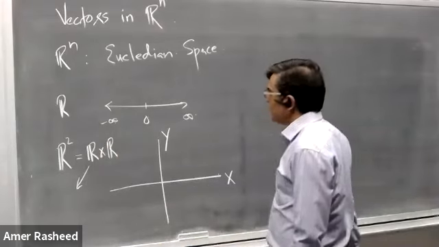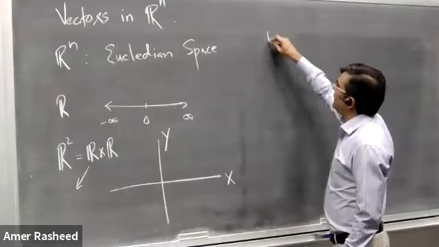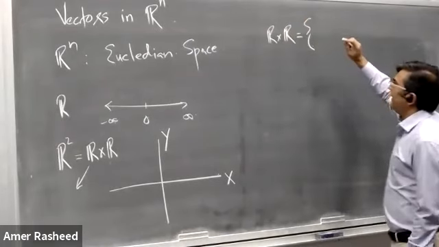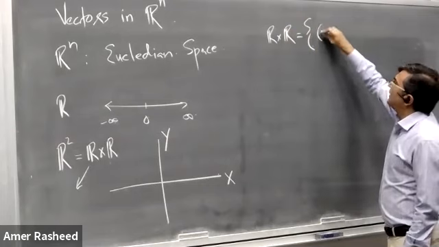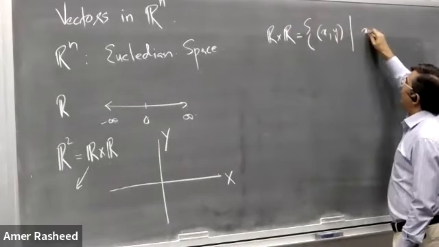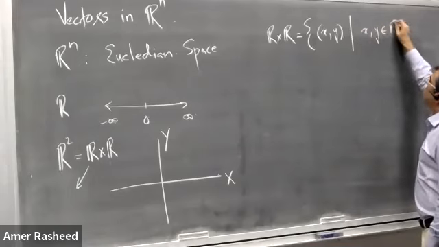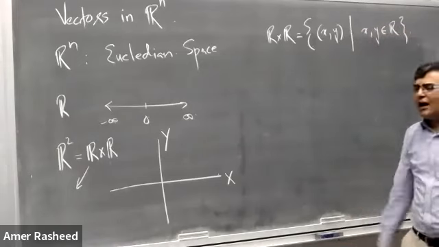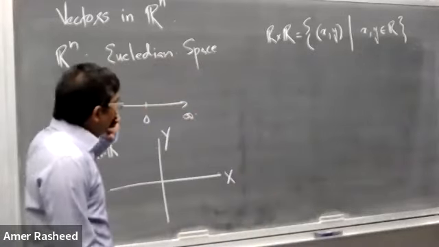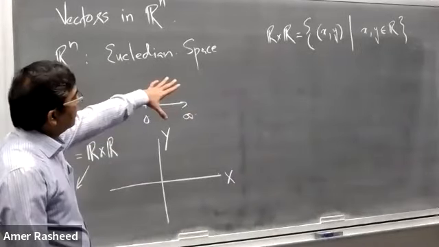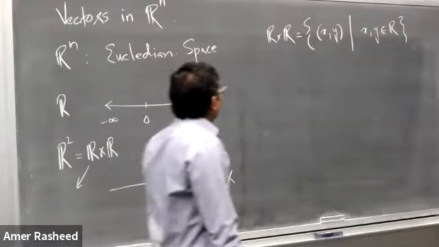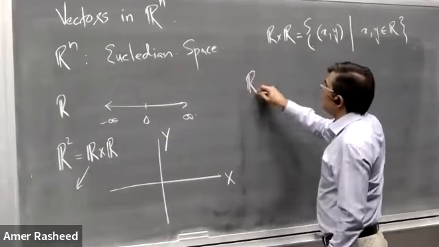Now, what is a Cartesian product? A Cartesian product is basically a product of numbers in R, such that we write them in ordered pairs (X, Y) where X, Y belong to R. This is how we define the Cartesian product of two sets of real numbers, R into R. Now, if you define R cube, what would R cube be?